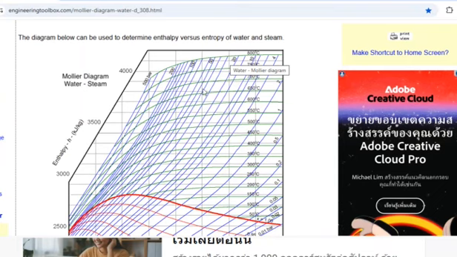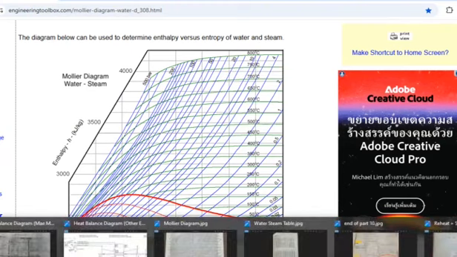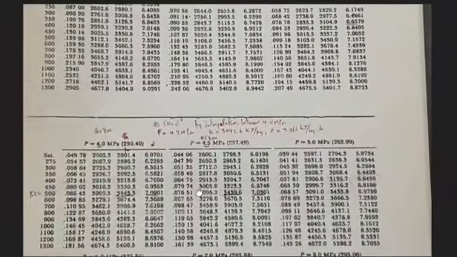So 42 would be somewhere around here, and with 500 degrees Celsius, you get the enthalpy around 3,400. But like I said, that was not what I used to determine the value of the enthalpy. What I used is the table. We can use the table.